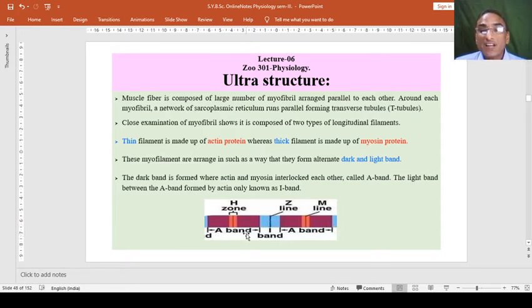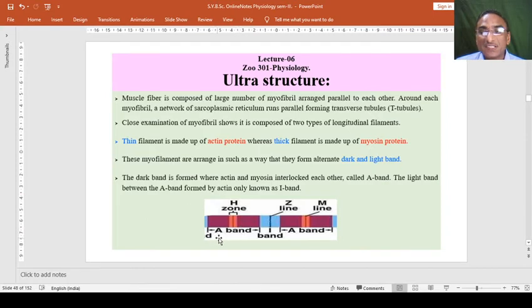This is the A band, which shows two dark bands and one light band, and therefore it is collectively called the A band. The light band between the A bands is formed by actin only and is known as the I band.